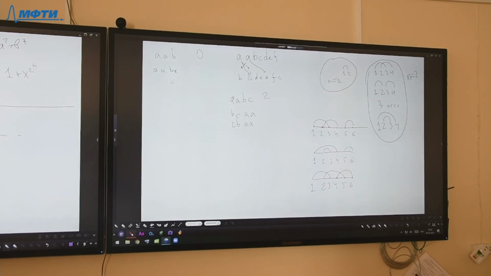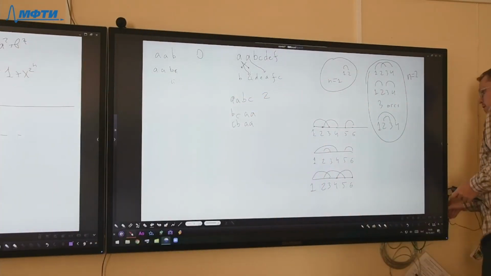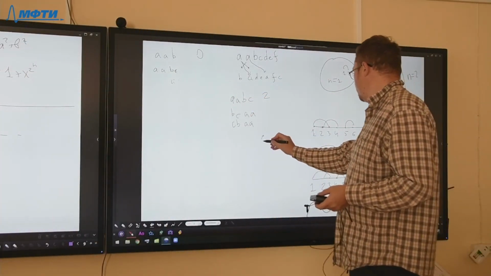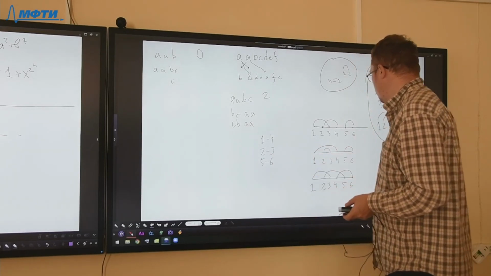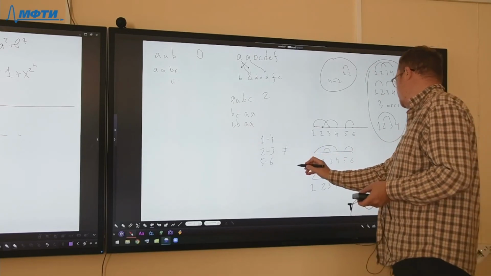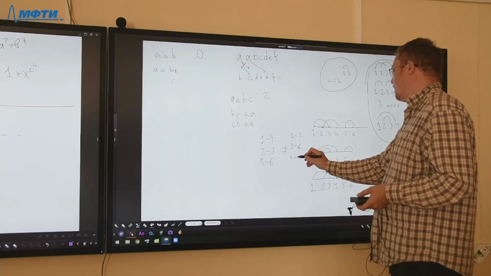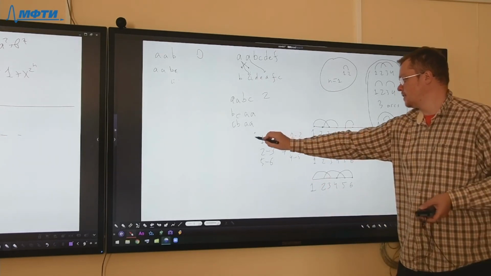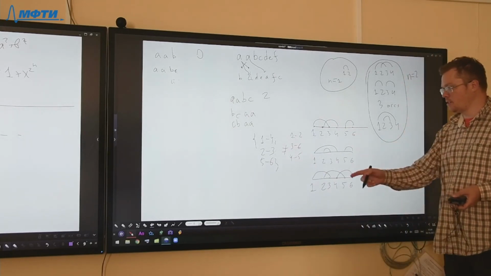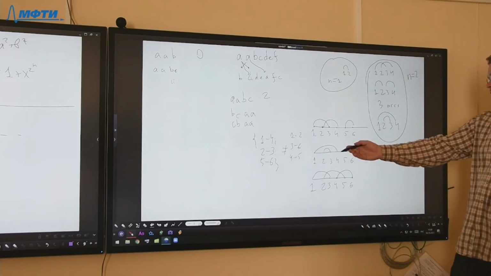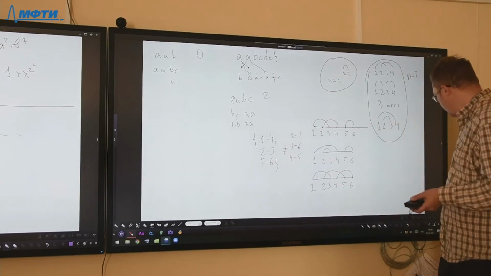No. You can write the arc diagram as a sequence of pairs of numbers, like 1-4, 2-3, 5-6, and it's not the same as 1-2, 3-6, and 4-5. The set of pairs must be the same. You can assume that you have 2n numbers, and you just dissect them into pairs.